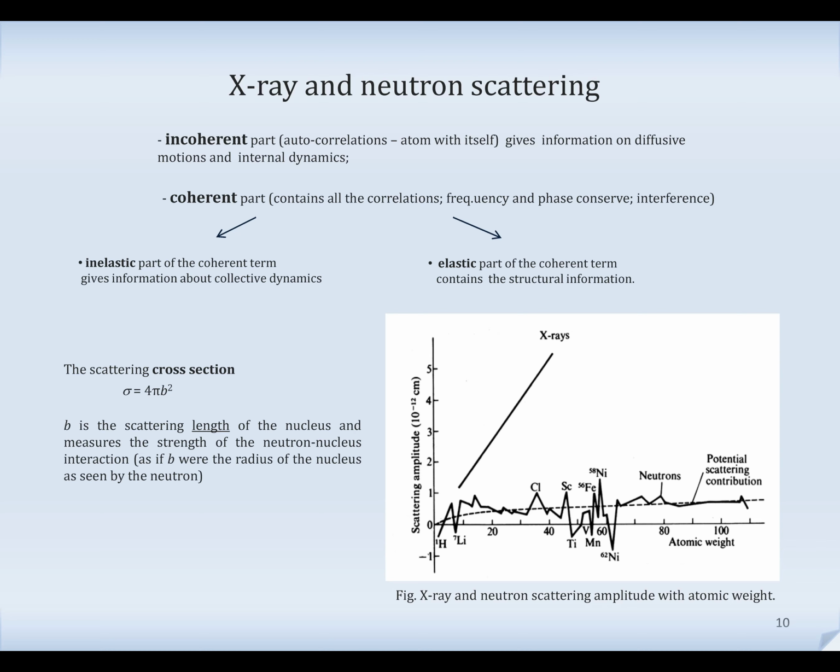And for some experiments with neutrons, you can neutralize scattering using different elements. For small angle neutron scattering, it's possible. So this is the main difference: how X-rays and neutrons interact with matter.